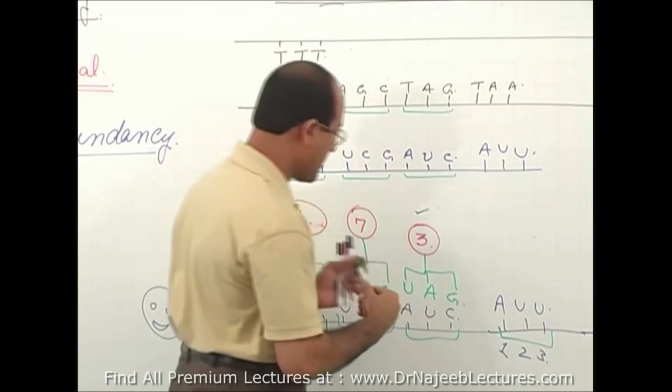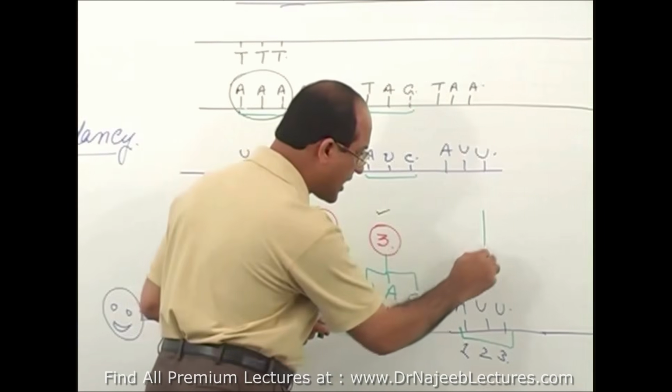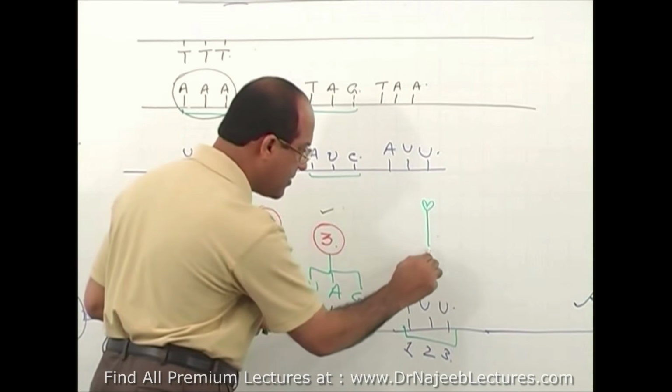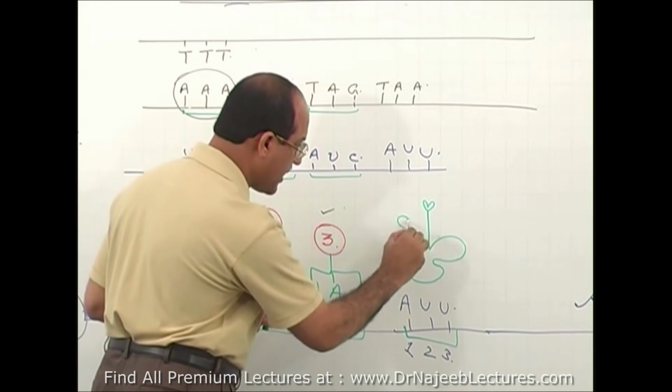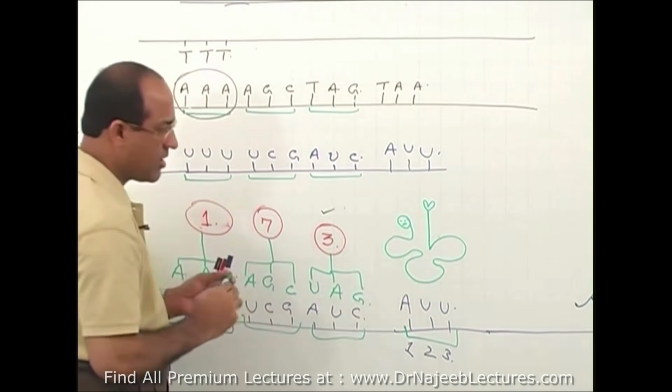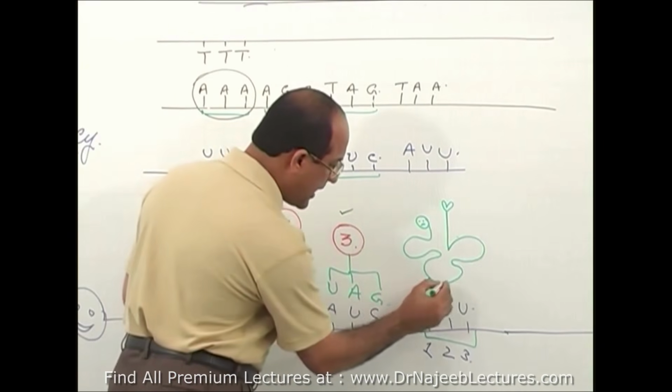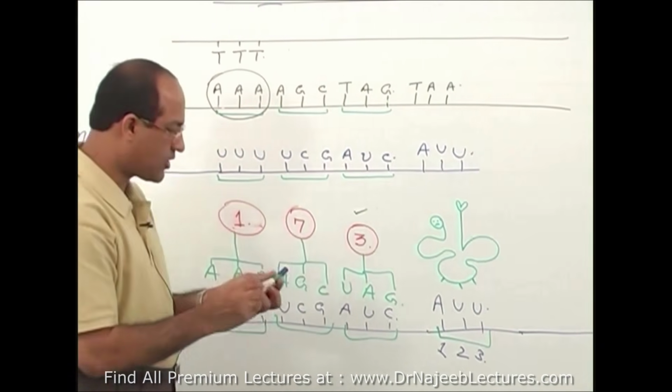But when we go for transfer RNA, let's suppose I show you the transfer RNA. This is the 3' end of the transfer RNA. This is the 5' end of the transfer RNA, right? And ideally speaking, what should be here?